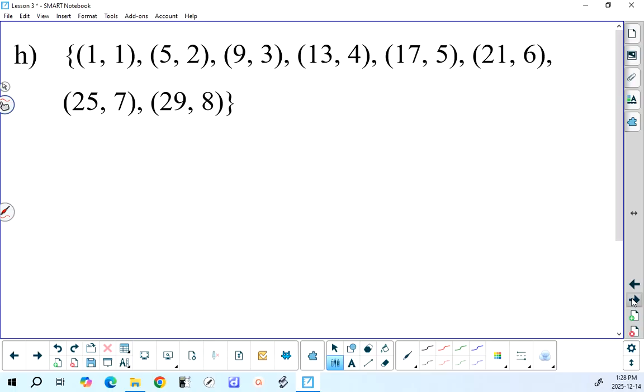While this is a set of ordered pairs, don't forget that ordered pairs are written in the x comma y form, which means that the domain is 1, 5, 9, 13, 17, 21, 25, and 29.